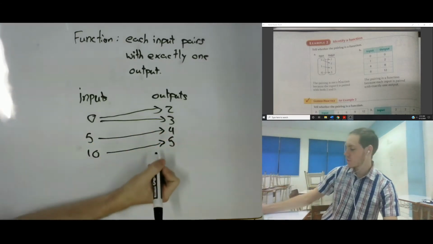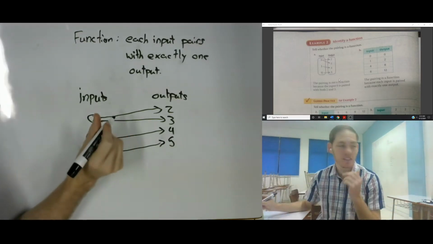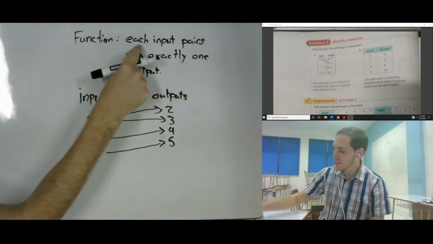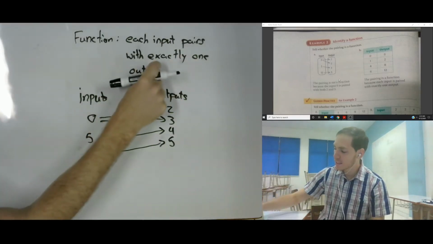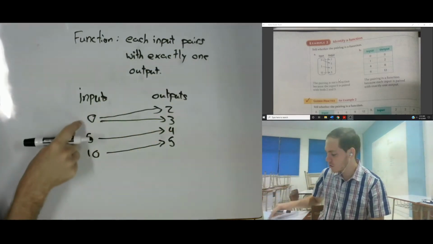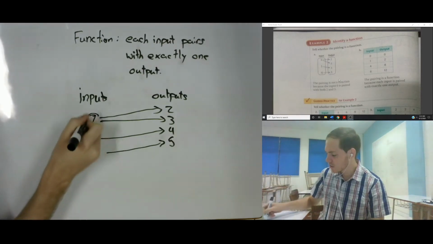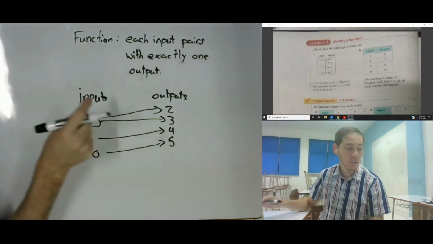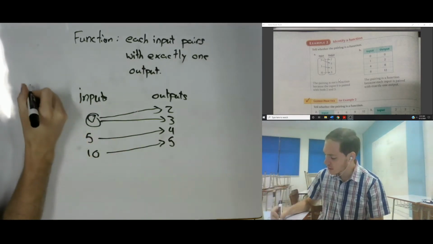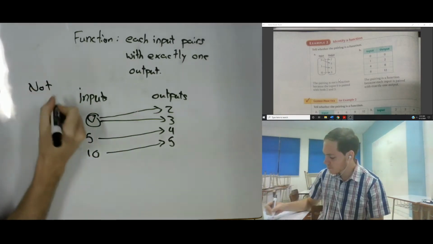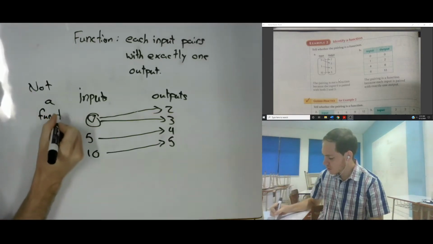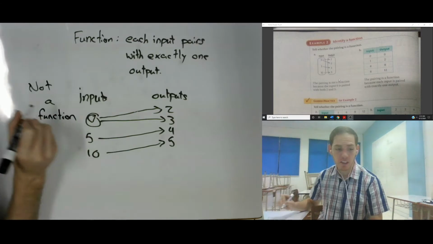Now, here's a question. Is this a function? What's the problem with it? Does each input pair with exactly one? No. So you see this input right here? It pairs with two different ones, okay? So that means this is not a function.